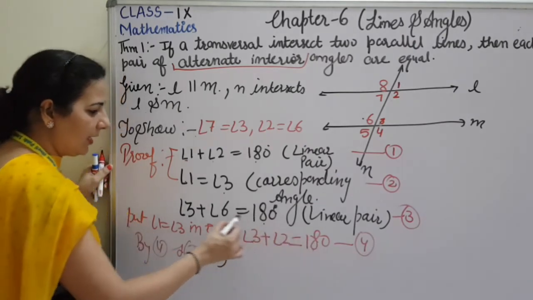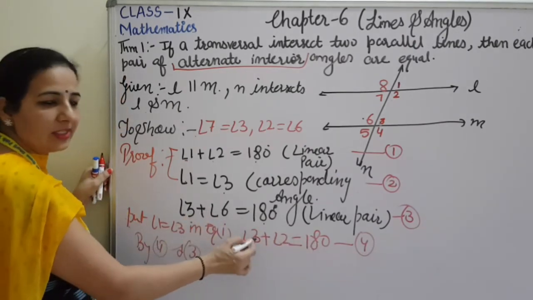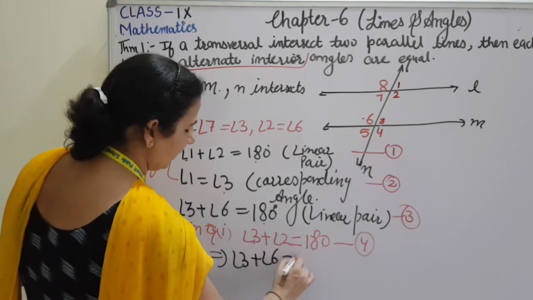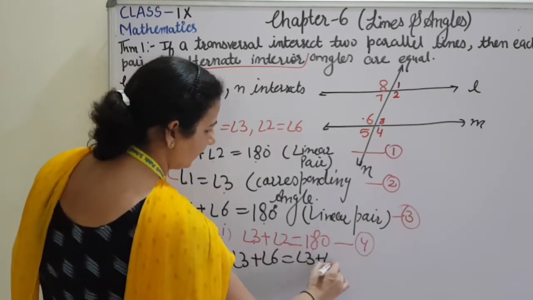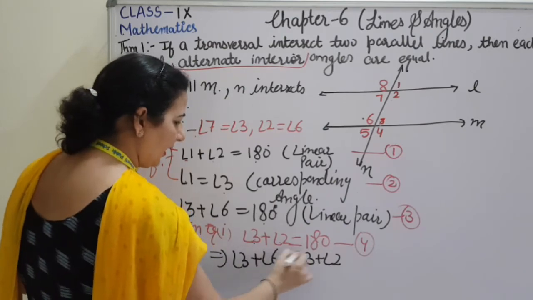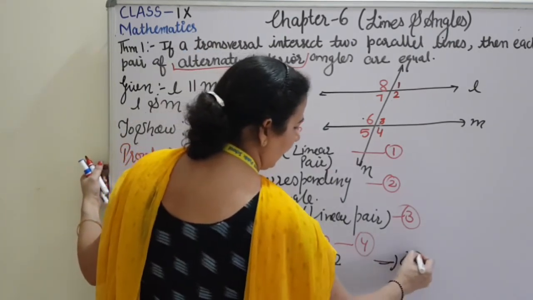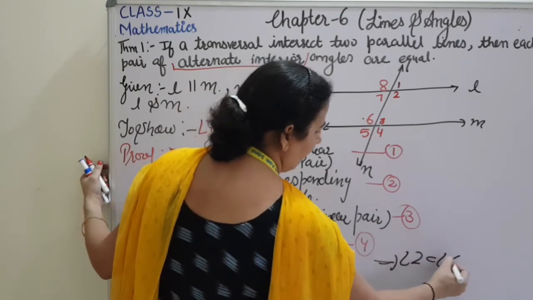RHS is equal to RHS, hence LHS is equal to LHS. So angle 3 plus angle 6 is equal to angle 3 plus angle 2. Angle 3 and angle 3 are cancelled. This implies angle 2 is equal to angle 6.